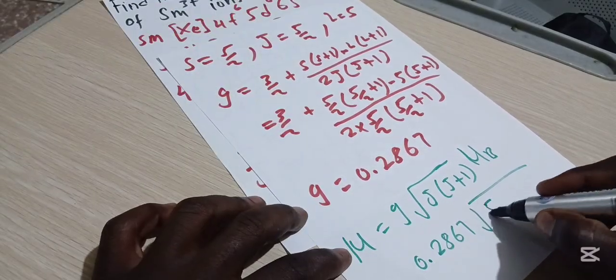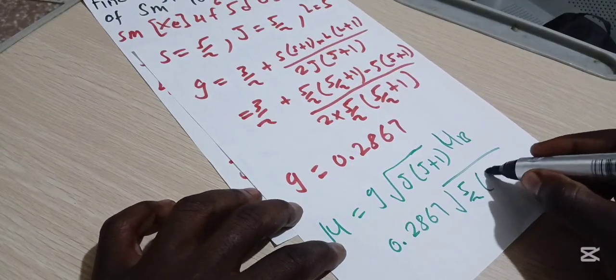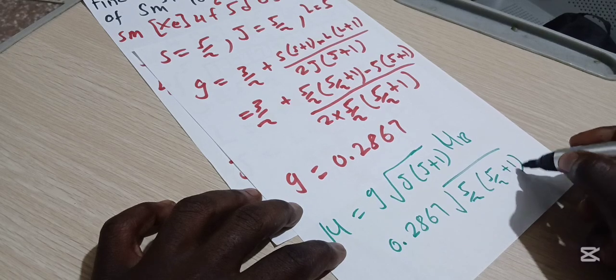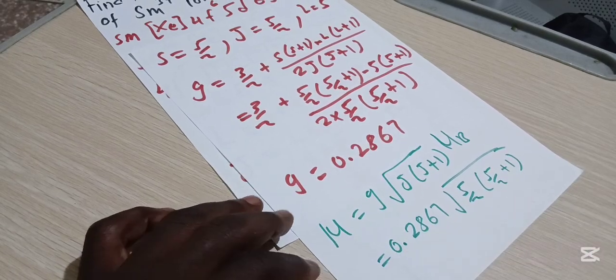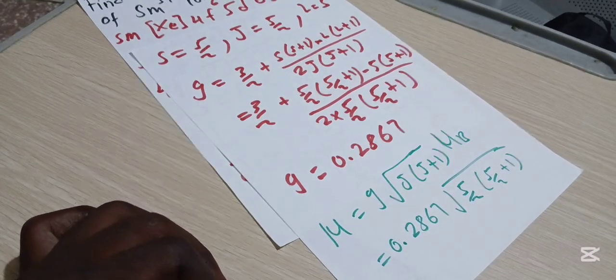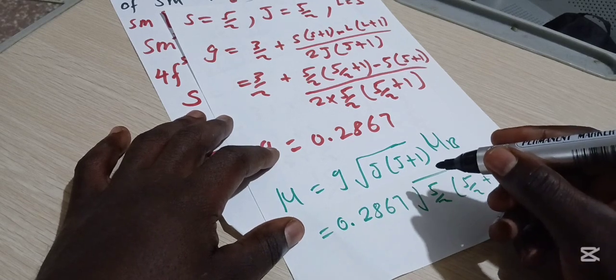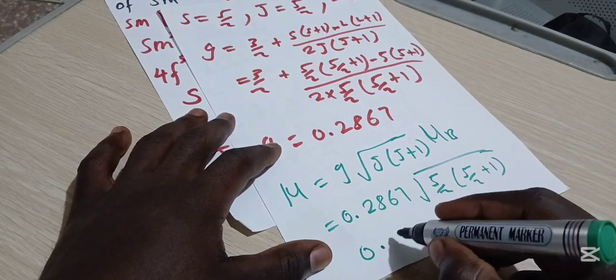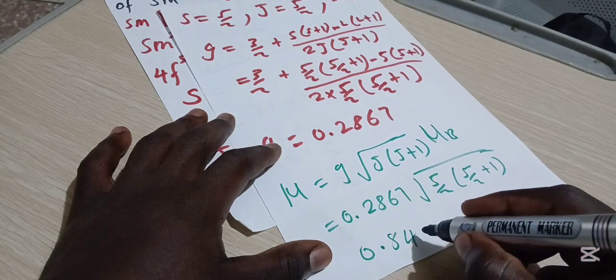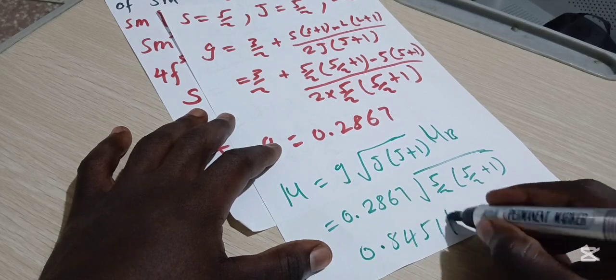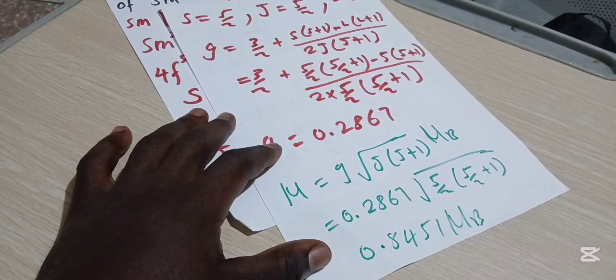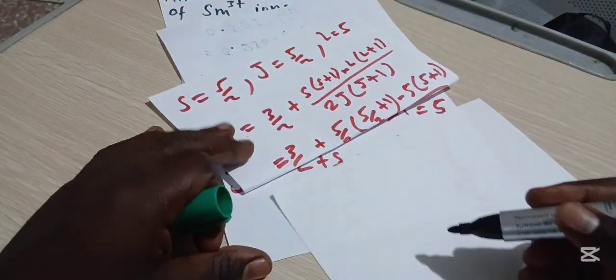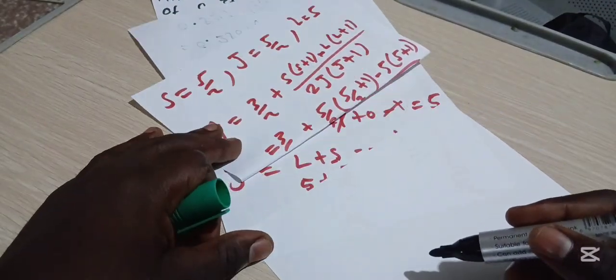So 5 on 2 into bracket 5 on 2 plus 1. Let me put this on my calculator. I'm going to pause this video. So we are going to get 0.8451 Bohr magneton.